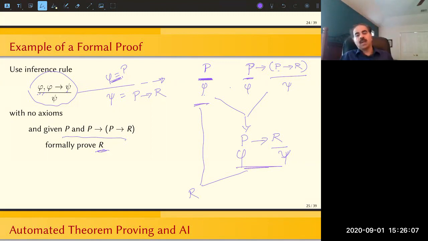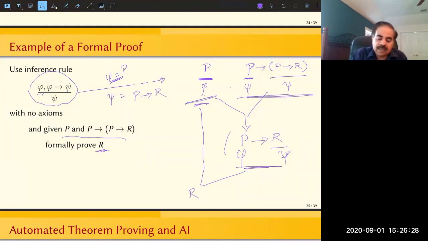All we needed was to apply the inference rule twice. And of course, we needed to know where to apply the inference rule. In the first step, there are only two things, so you needed to choose only one of those two. In the second step, there were three: two facts and one intermediate result. We needed to choose two of them to apply the inference rule, and then we got the result.